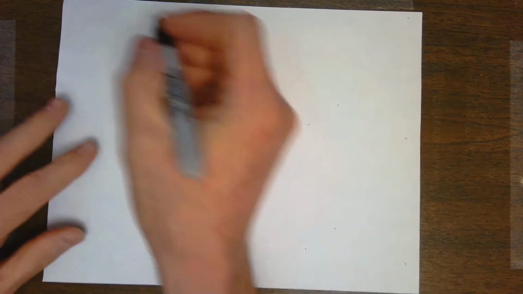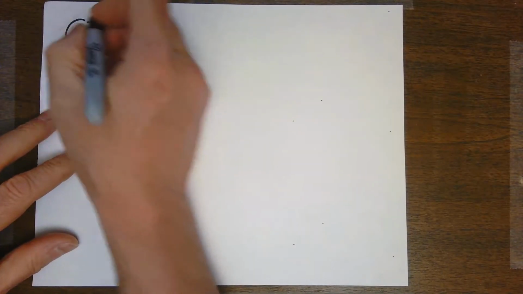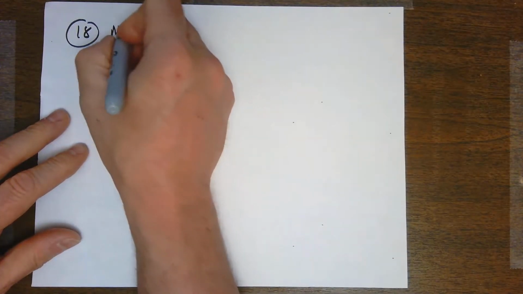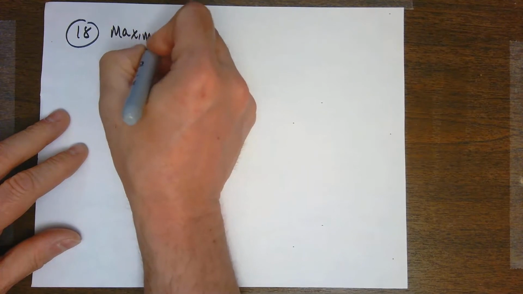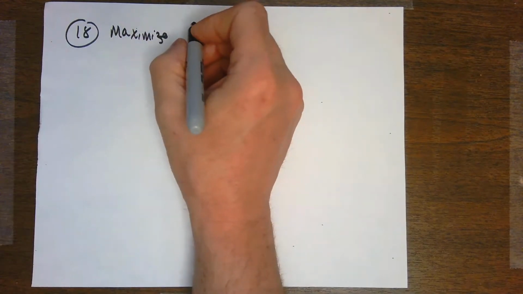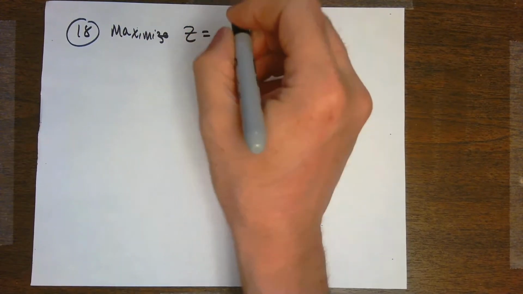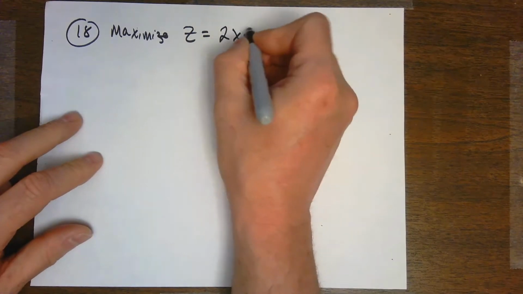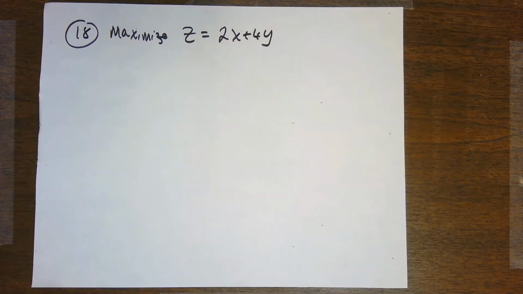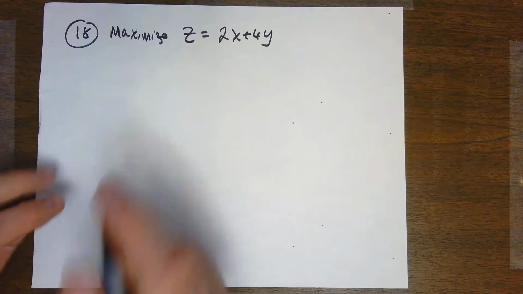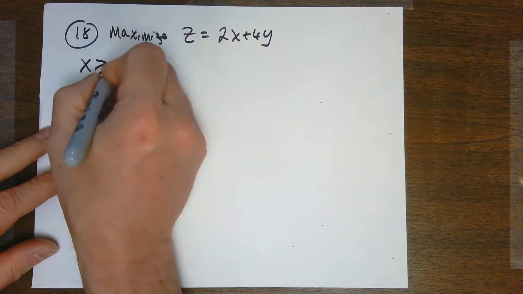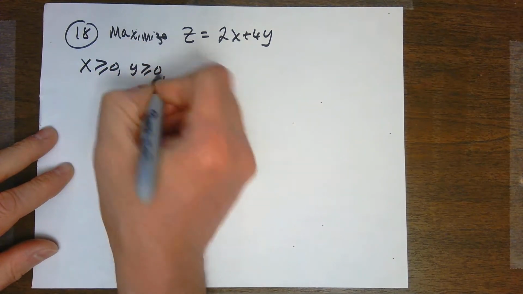All right, let's take a look at number 18. 18 says I want to maximize the function z equals 2x plus 4y, subject to the following constraints: x greater than or equal to 0, y greater than or equal to 0.